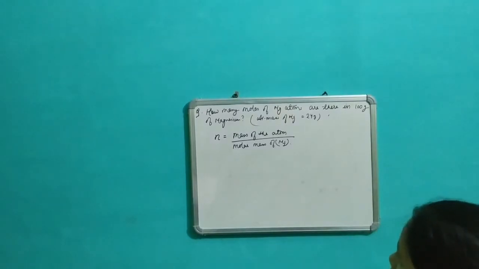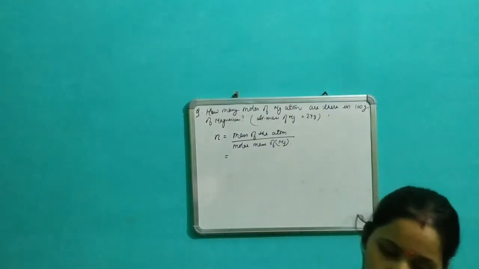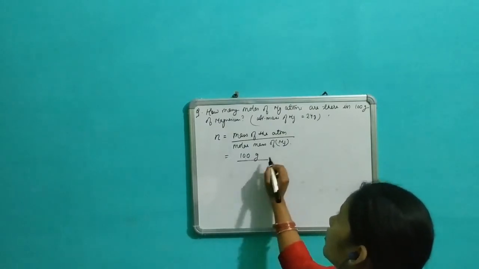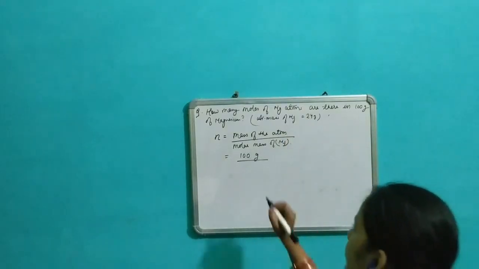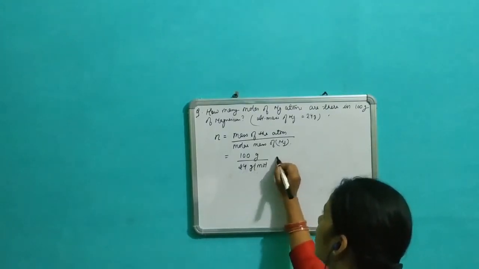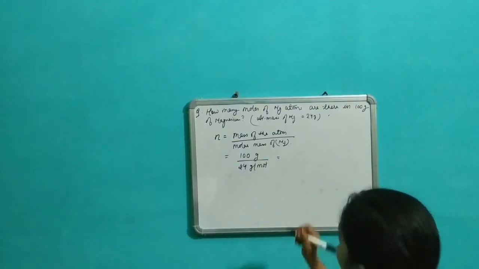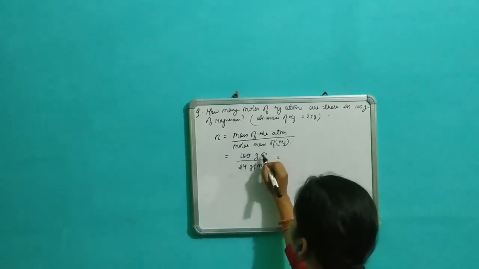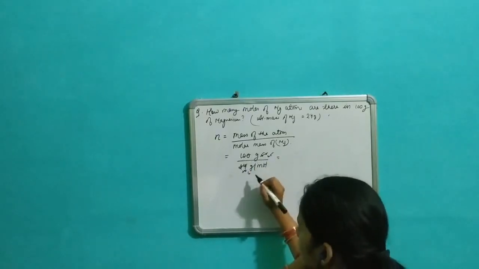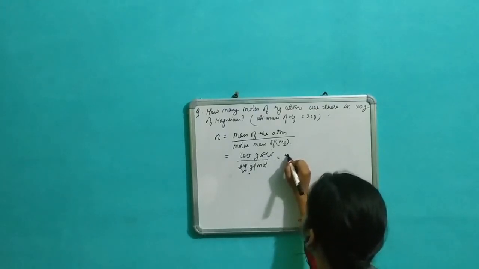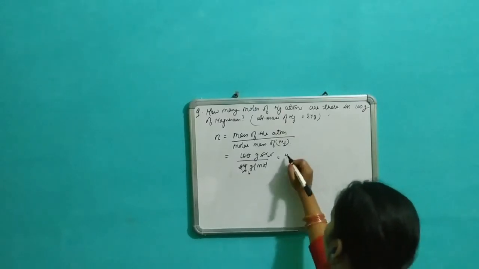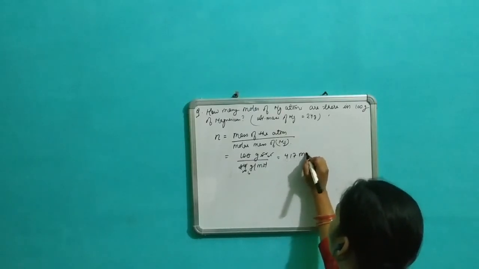So what is the given mass? It is 100 gram. And the molar mass of magnesium is 24 gram per mole. On solving, around 4.17 mole you will be getting.